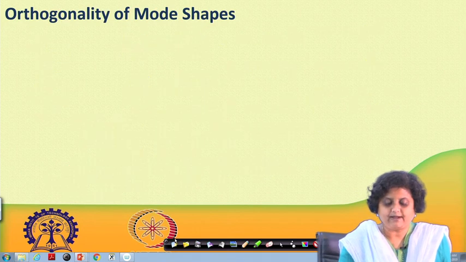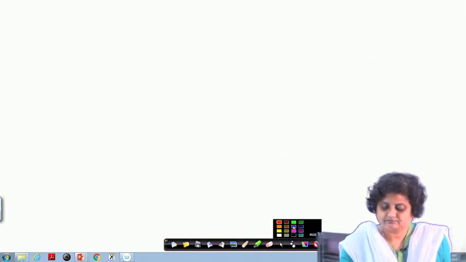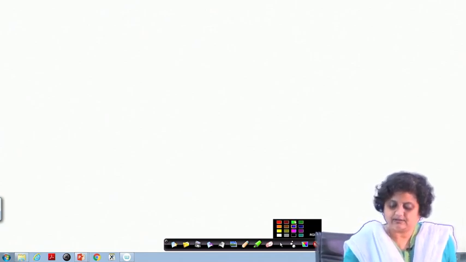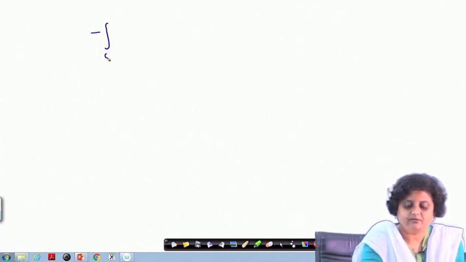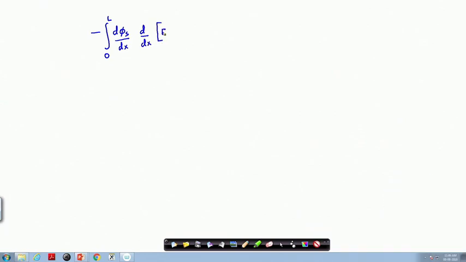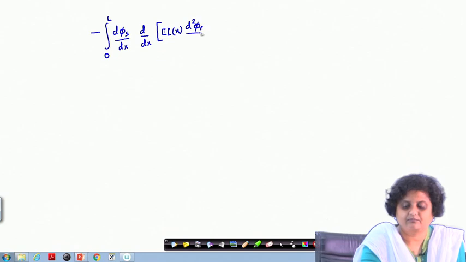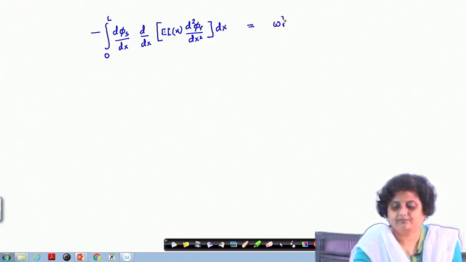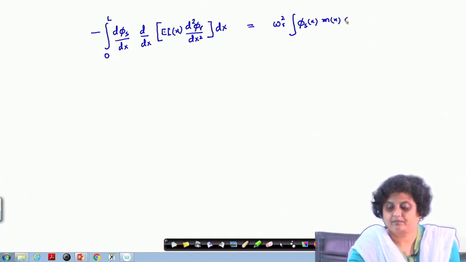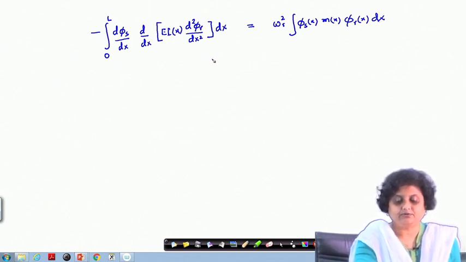So, now if we simplify this, my integral equation becomes minus... Now, again let us integrate this part by parts.